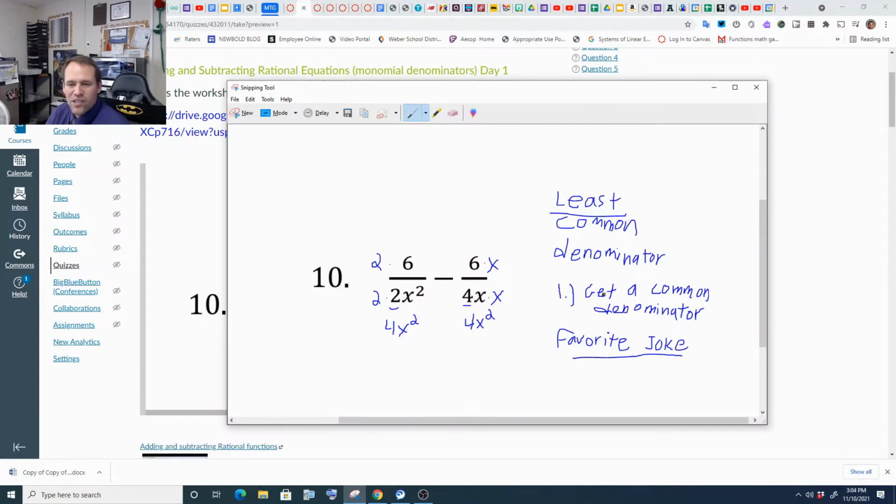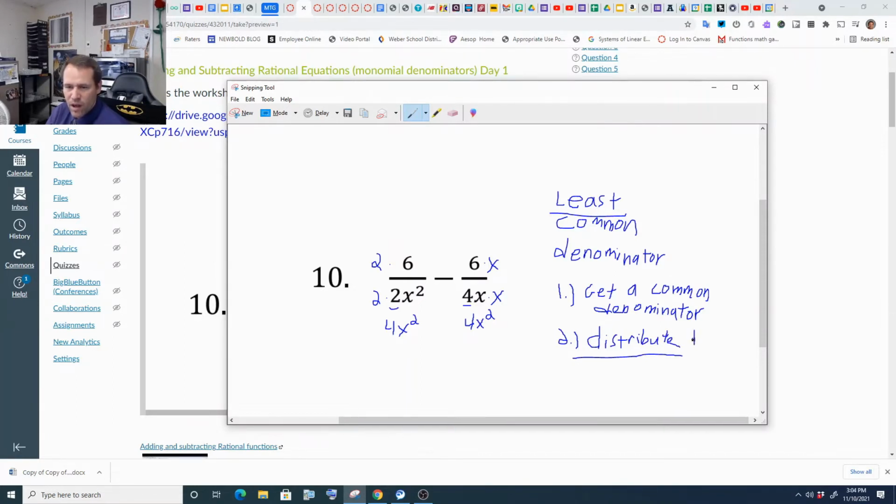Awesome. Okay, so step number 1 is to get a common denominator. Step number 2, after you get a common denominator, is to go ahead and distribute through, I guess you could say, distribute if you need to, or multiply things, distribute the top.